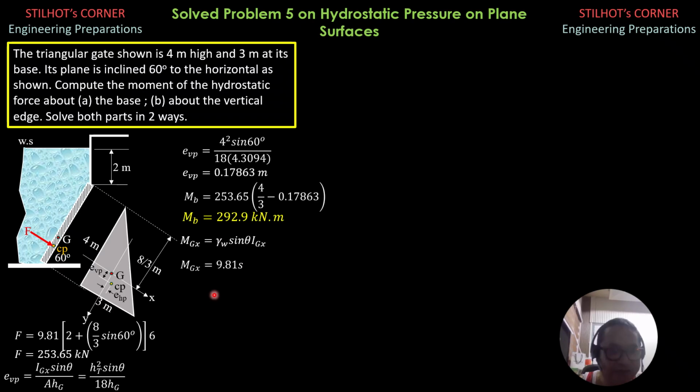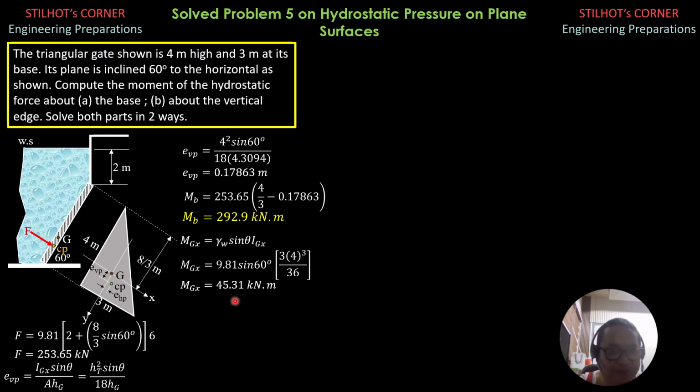So MGX is 9.81 sine of 60 degrees times 3 times 4 cubed over 36. That's Igx. So it is equal to 45.31 kilonewton meters. So the moment of the force at G with this moment, the moment about the base, is equal to force times 4/3, because that's 4/3.